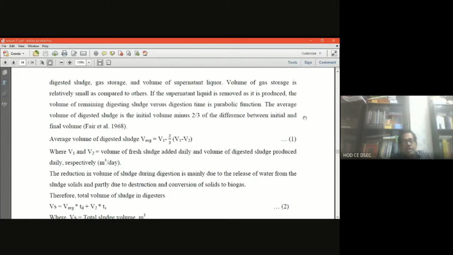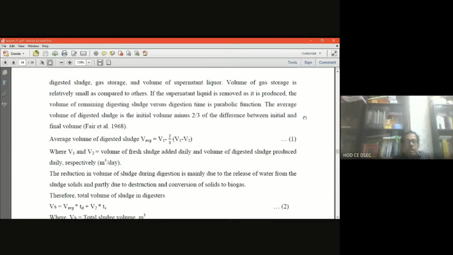Now, the reduction in volume of sludge during digestion is mainly due to release of water from the sludge solids, as we have seen in the previous lecture, and partly due to the conversion of solids to biogas. That conversion into biogas and the extraction of water ultimately reduce the volume of the sludge.